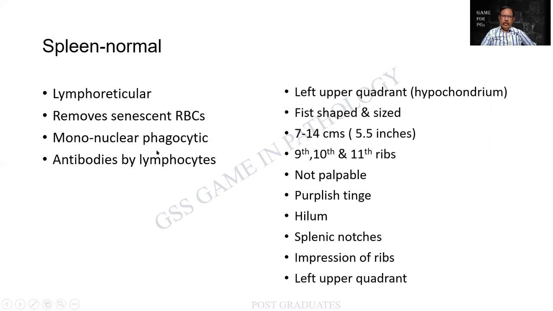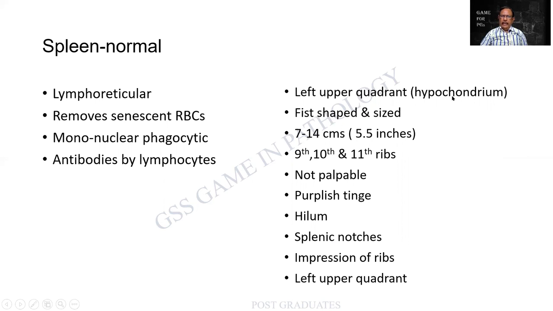It is also a fundamental mononuclear phagocytic system, as a result of which phagocytosis is one of the most important activities. Last but not the least, you find that antibodies are being produced by the lymphocytes. Lymphocytes will ultimately become the plasma cells which produce the antibodies. So please do have this in one corner of your mind.